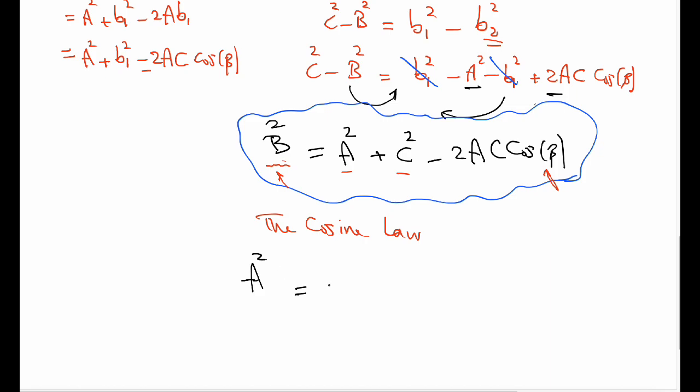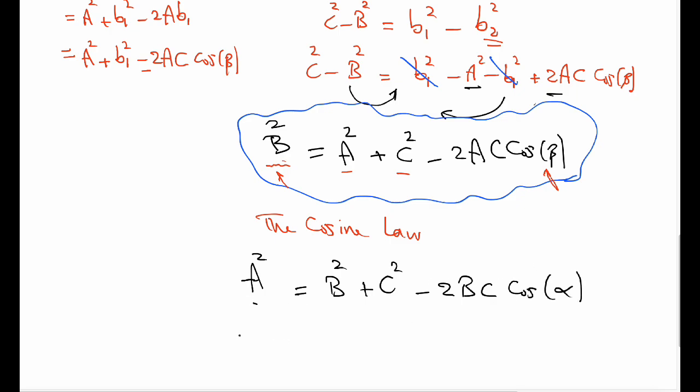Similarly, we can relate the side of the triangle A by the same formula. A squared is equal to B squared plus C squared, using the other two sides, minus 2 times B times C times cosine of the angle opposite to A, which is alpha.